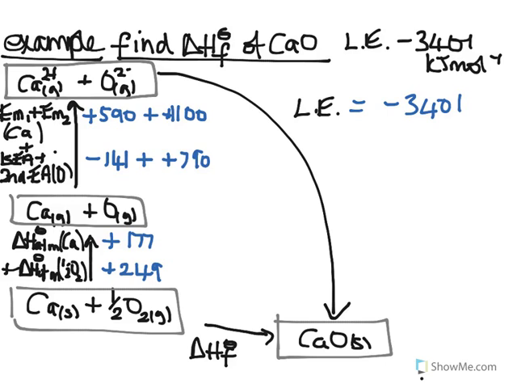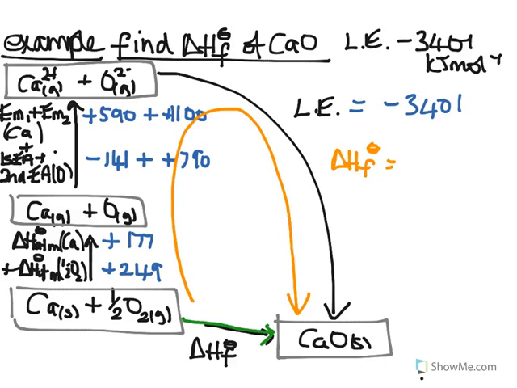Now we want to go from here to here to find delta HF, and this is the same as going round the Born-Haber cycle this way. So we start putting the numbers in. We're going with the arrow in the first step, the atomization. So we do 177 plus 249.